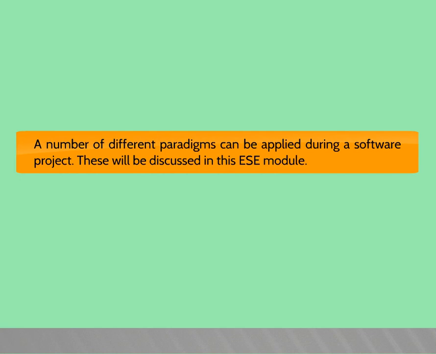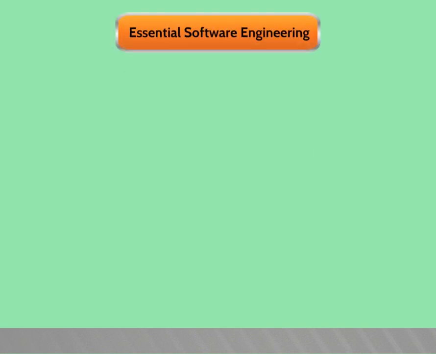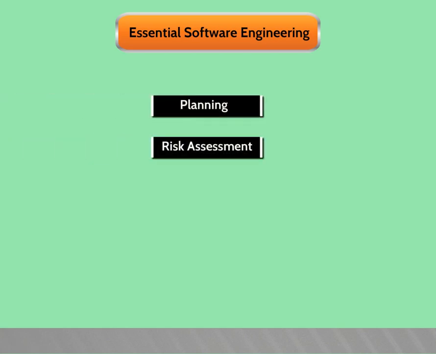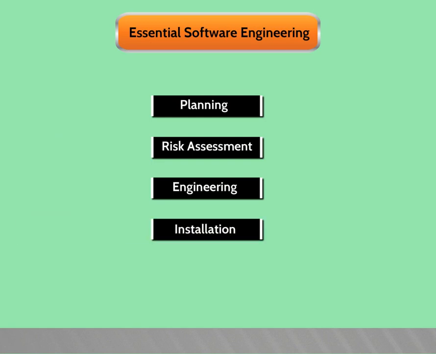A number of different paradigms can be applied during a software project. These will be discussed in this ESE module. Essential software engineering: planning, risk assessment, engineering, installation, customer evaluation.